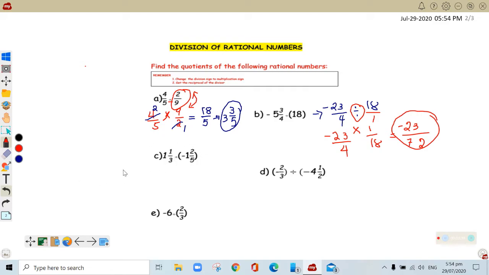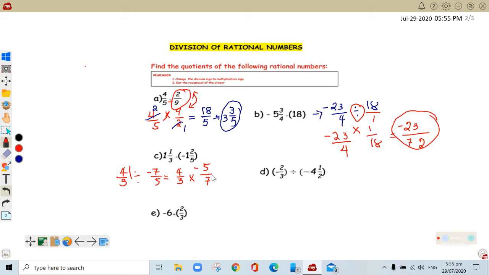Okay, so 1 and 1/3 will be 4/3 divided by 1 and 2/5, which will be negative 7 over 5. Now, change the division to multiplication, so we'll get 4 over 3 times, and then get the reciprocal of this, 5 over 7 negative.